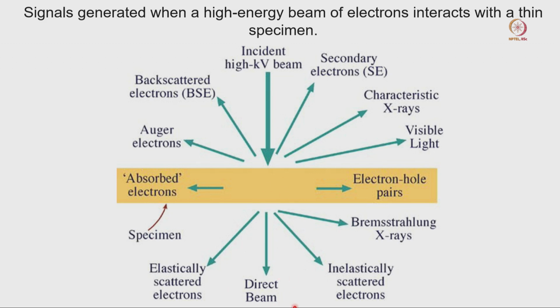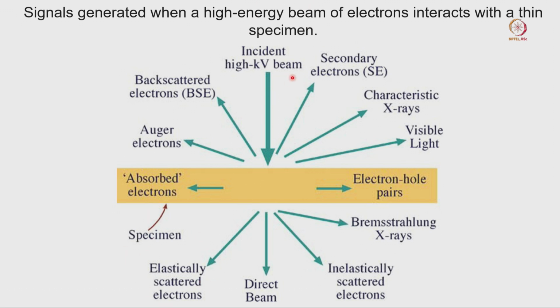When it is transmitted, there are two possibilities. It may interact with some atom of the molecule and lose its energy, and then it will be an inelastically scattered electron. In the other case, if there is no such interaction, only a deviation of its path, there will be an elastically scattered electron.